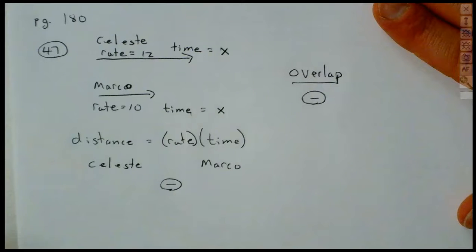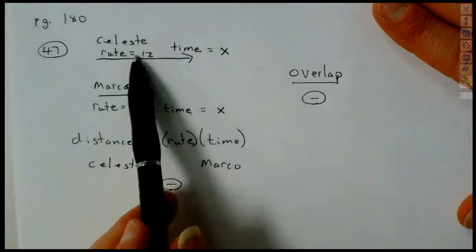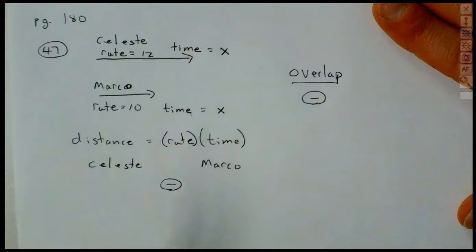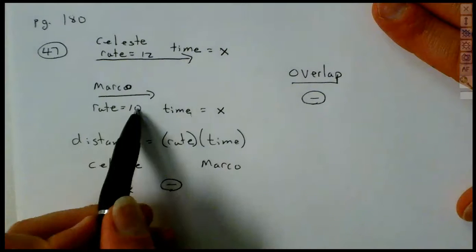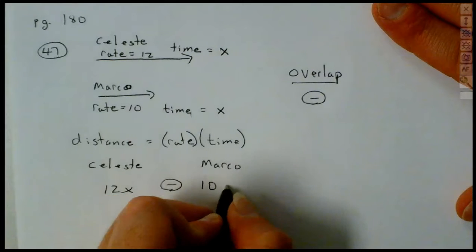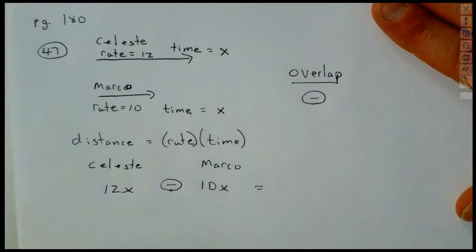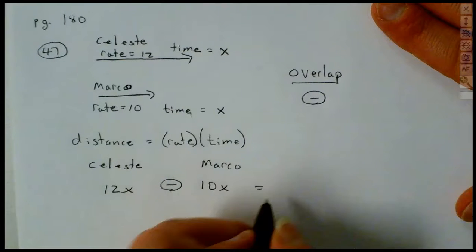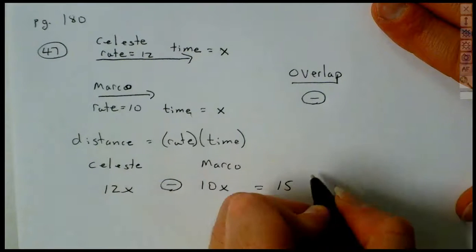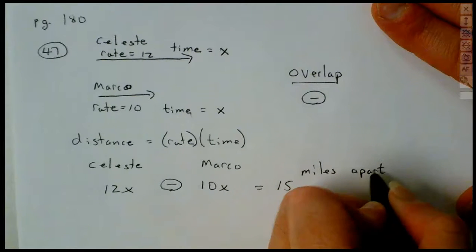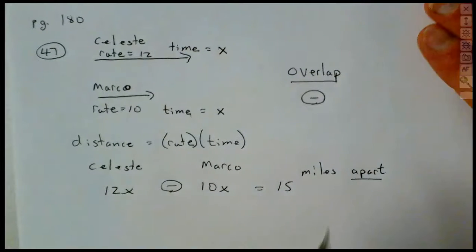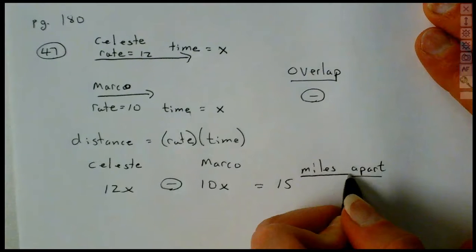Subtract them. Just like we've done before. These multiply together. Rate times time. Chelsea is 12x. Marco, what about him? Rate times time. That's 10x. And how far apart do we want them to be? We want them to be 15. And this is our miles apart. So this is going to be 15 miles apart here.